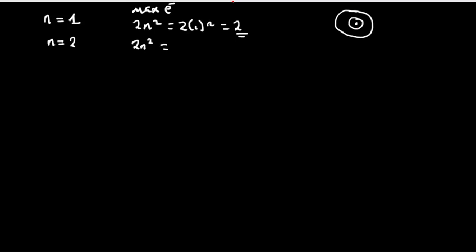Back in the day we used to draw the shells, now we use 1s, 2s, and so on. Remember when we said the first shell can only accommodate 2 electrons, and the second one is 8?